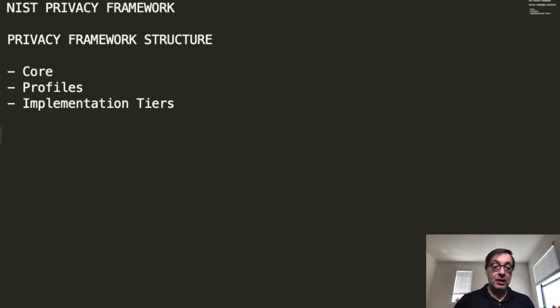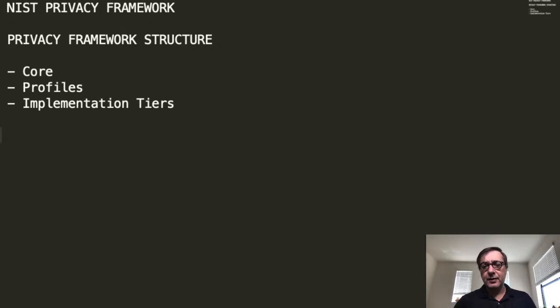And then the implementation tiers really can help an organization communicate further about whether it has sufficient processes and resources in place to manage privacy risk and achieve its target profile. So let's now go ahead and dig into those in a little bit more detail.